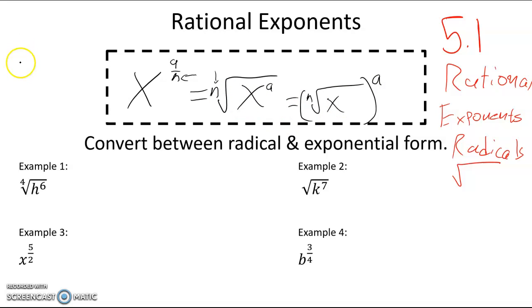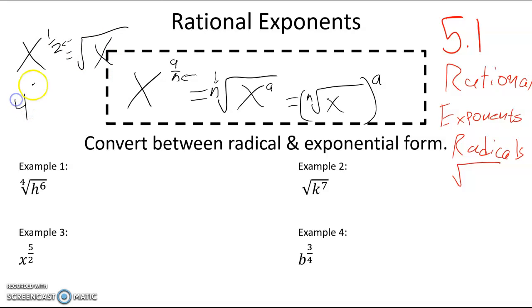A classic example, the most common example, is x to the 1/2 power, all right? And remember that anytime you take a number to a fractional exponent, the bottom number is the number of the root. If the number of your root is 2, if you have the second root, that's basically the same as the square root. So taking x to the 1/2 power is literally the same as taking the square root of x.